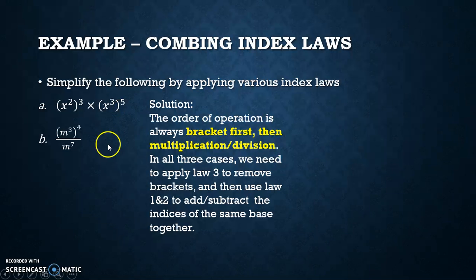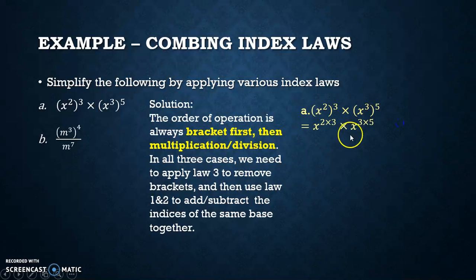Let's deal with the first two first. So x squared to the power of 3 times x cubed to the power of 5 will expand to x to the power of 2 times 3 and x to the power of 3 times 5. That is x to the power of 6 times x to the power of 15. Then applying index law number 1, we have x to the power of 21.